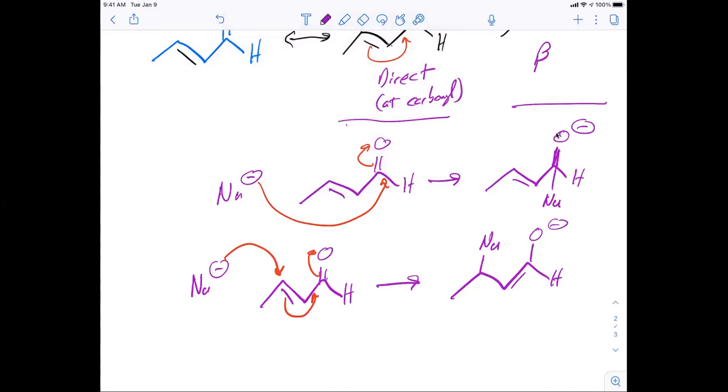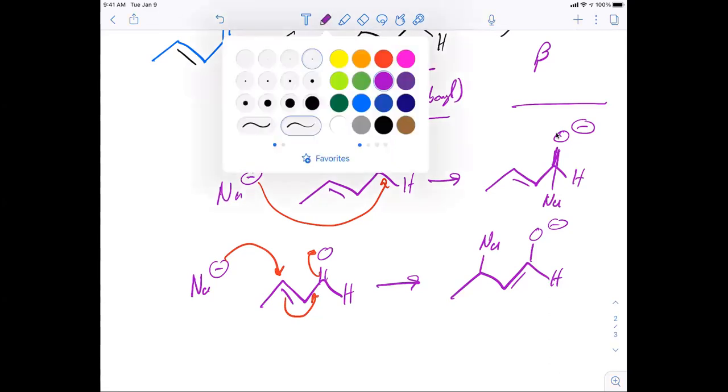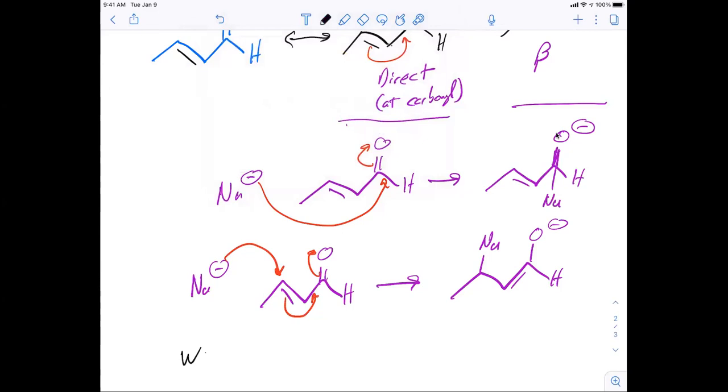So with alpha beta unsaturated species, if I attack them with a nucleophile, I have two possible pathways. And the question really comes down to what type of nucleophile do I have?